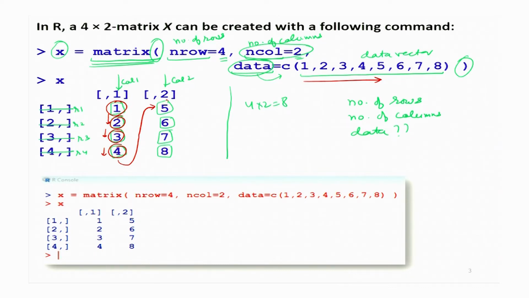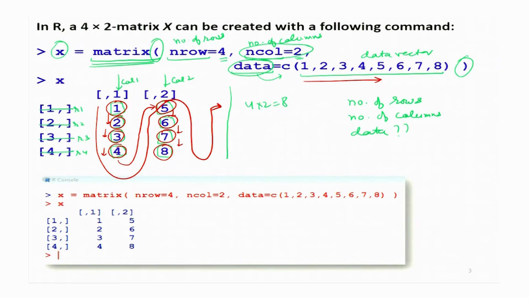Now the 5th value is entered, then the 6th, then the 7th, and then the 8th. So you can see that this data is entered column wise. First the data is filled up in the column and then in the rows.